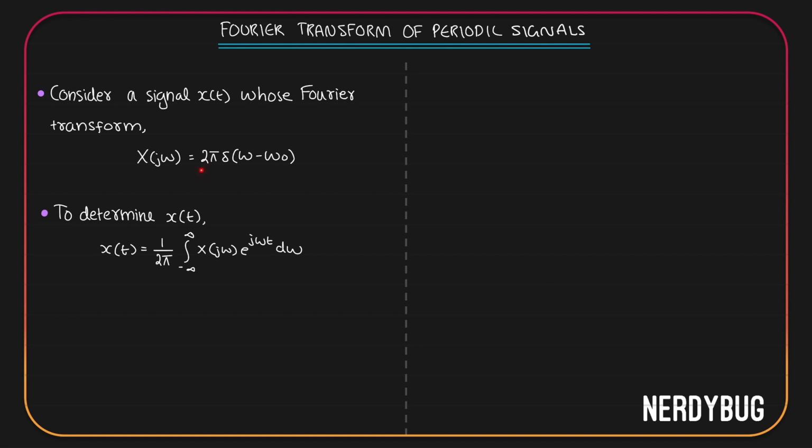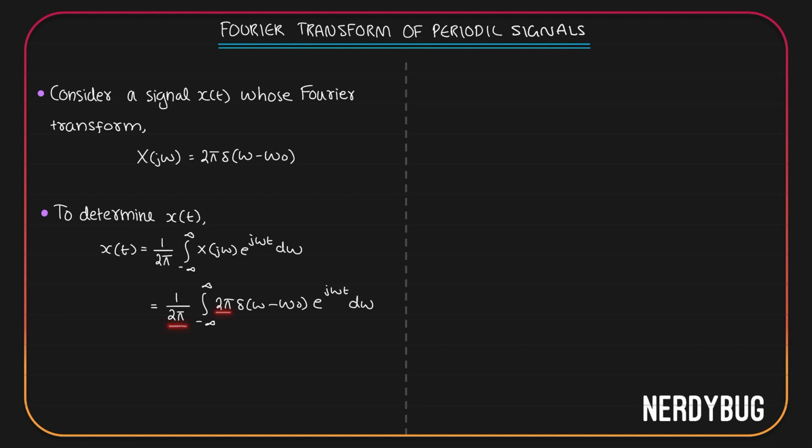Here x of j omega is 2 pi delta of omega minus omega naught. So this becomes 1 by 2 pi integral from minus infinity to infinity 2 pi delta of omega minus omega naught e raised to j omega t d omega.